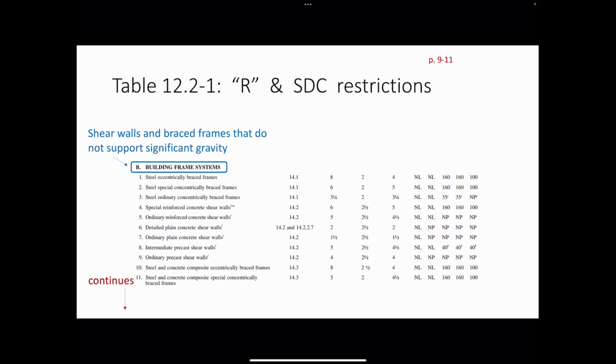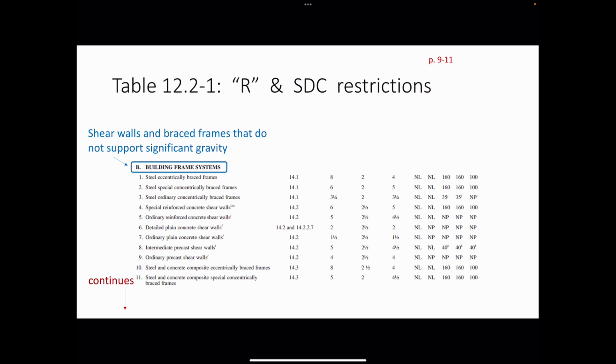They have extra requirements on how they are detailed, and they have better performance in earthquakes. So those systems have higher R values because that allows you to reduce the seismic loads on the structure, because they are designed with such significant requirements and restrictions.